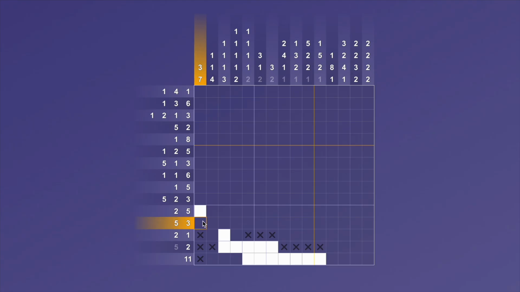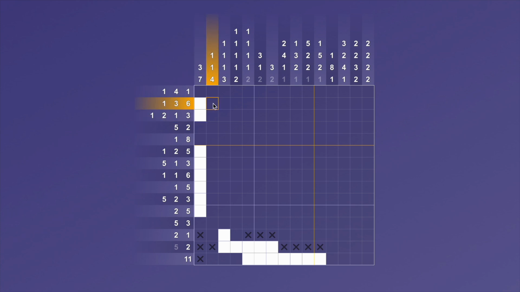But let's take that 7, say it starts here, we'd have 1, 2, 3, 4, 5, 6, 7. And if I had an X right here, I'd have 1, 2, 3. And if the 3 starts over here, it'll be 1, 2, 3.